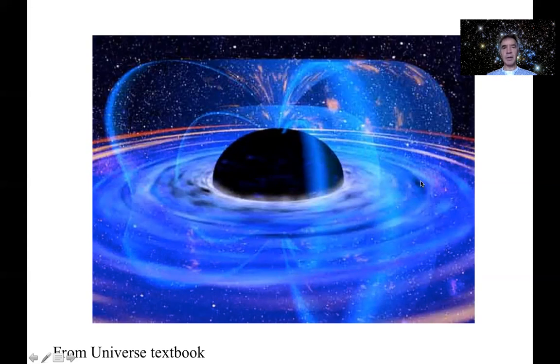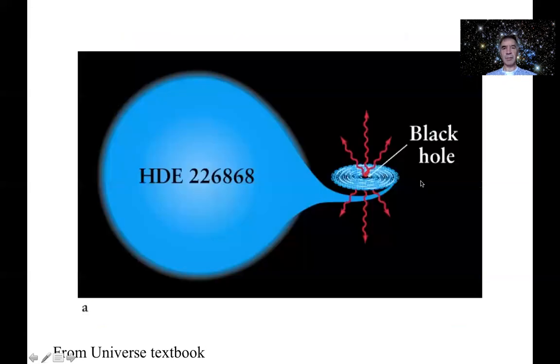Well, what happens if you have a black hole next to another star in a binary system? Okay, so ignore the catalog number here. This is just a schematic diagram of a particular system. So if you've got a black hole orbiting another star, now a black hole has an incredibly strong gravitational field.